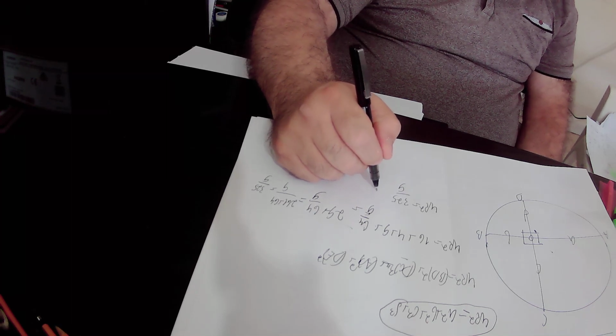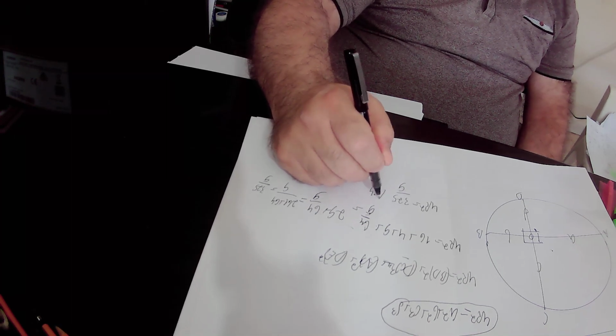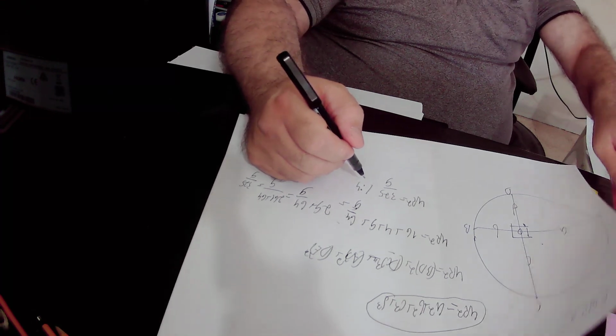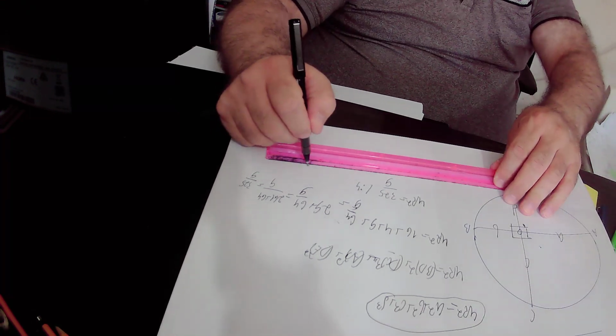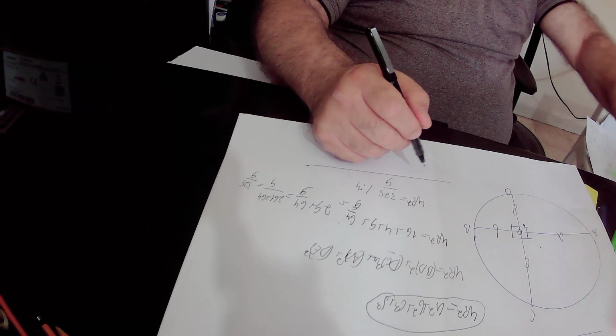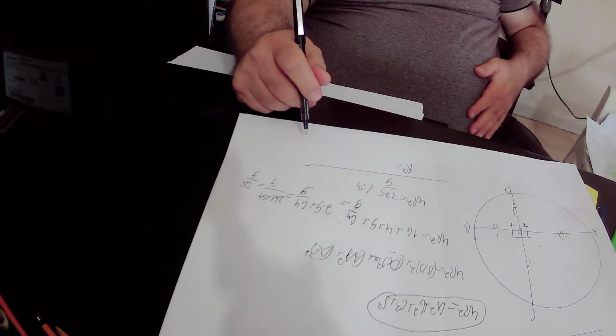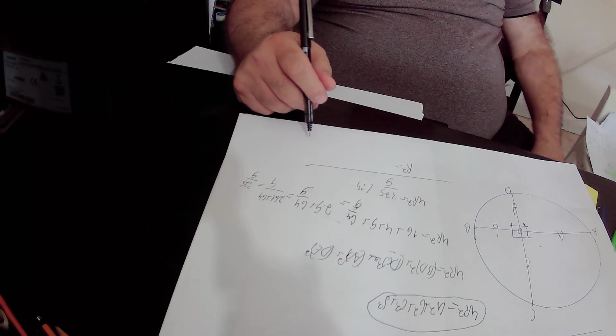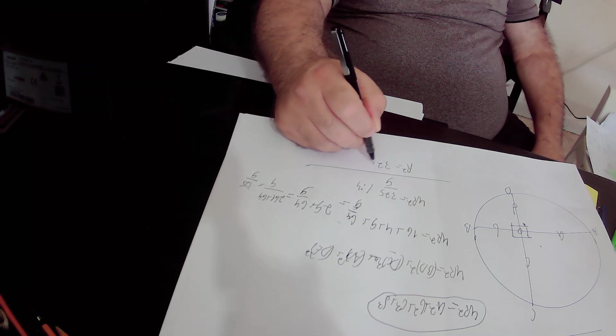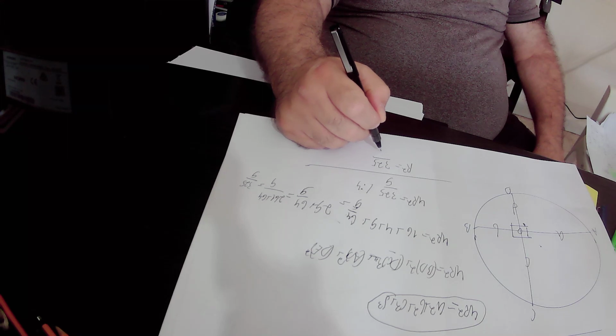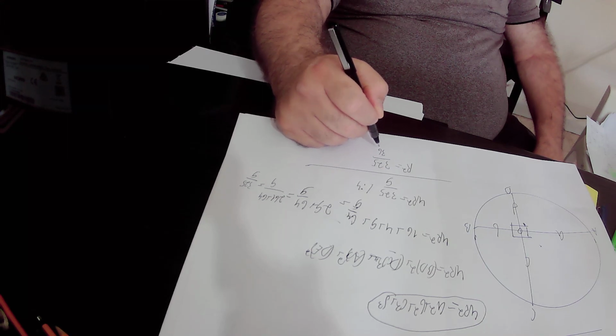Here we divide this equation by 4 and we get that R squared equals 325 over 9 times 4, which is 36.